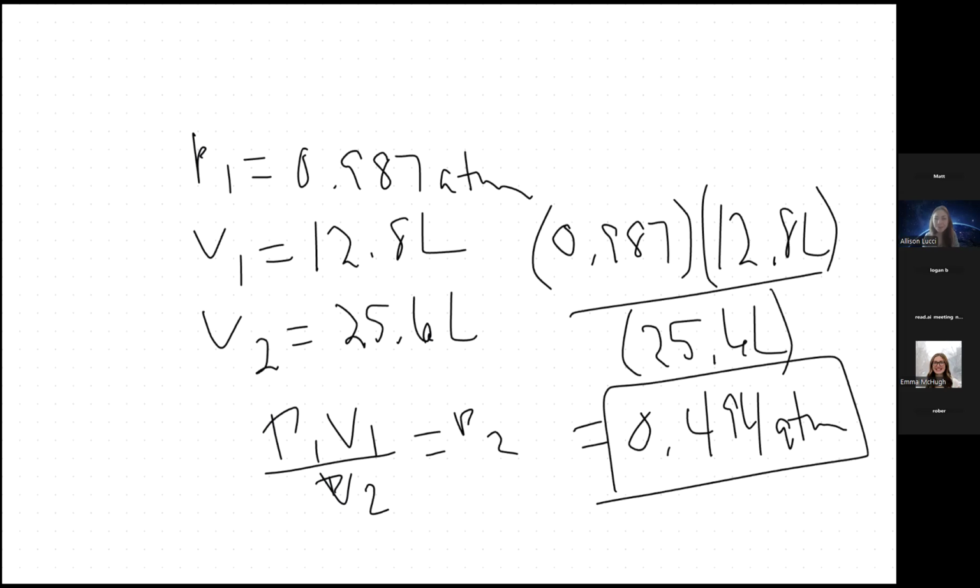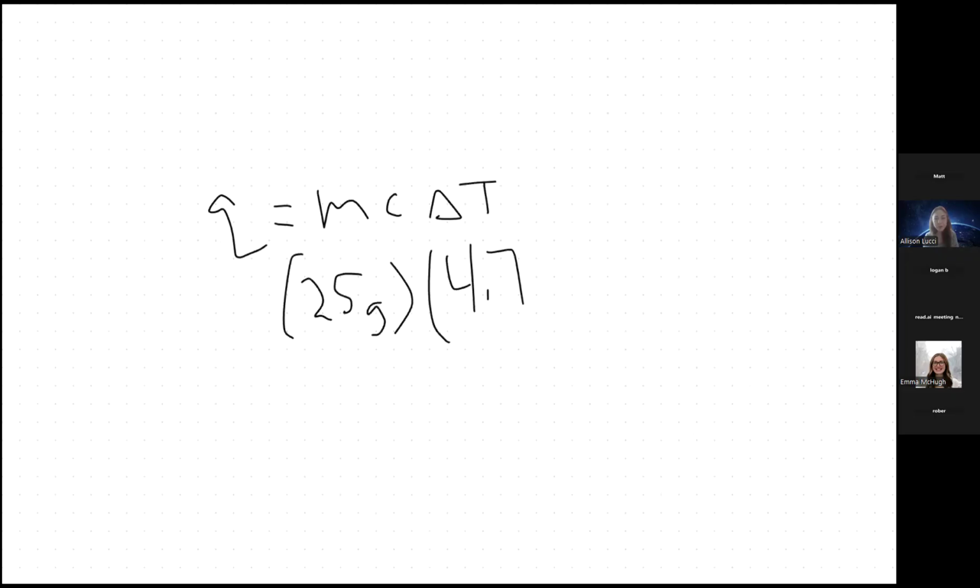Let me go to a whiteboard real quick, because it's getting messy. Again, we're just warming our liquid in this first step. So we have Q equals MC delta T, and we had 25 grams. My specific heat capacity for my liquid phase was 4.7 joules per gram Celsius.